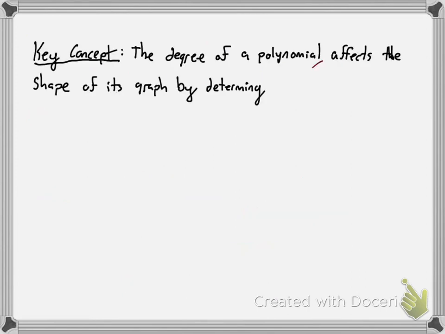Another important thing for understanding the degree and everything in these polynomials is that the degree of a polynomial affects the shape of its graph by determining 2 things: the number of turning points and its end behavior. We talked about end behavior a little bit in the quadratics chapter, where if you had a positive quadratic function, you were going up forever. Here with polynomial functions, there's going to be a couple different situations.